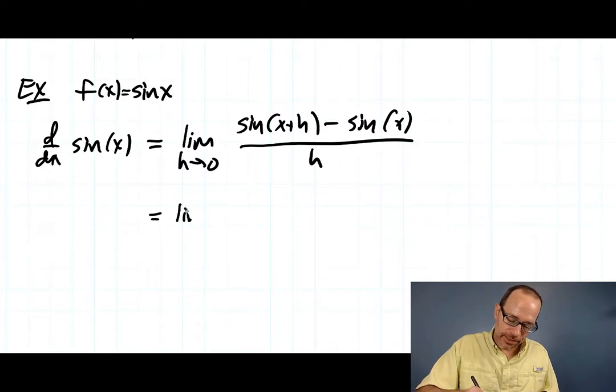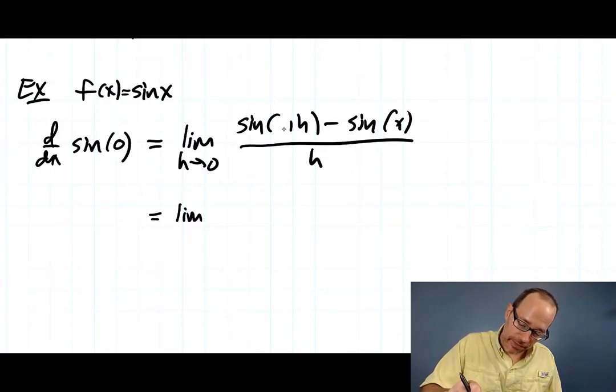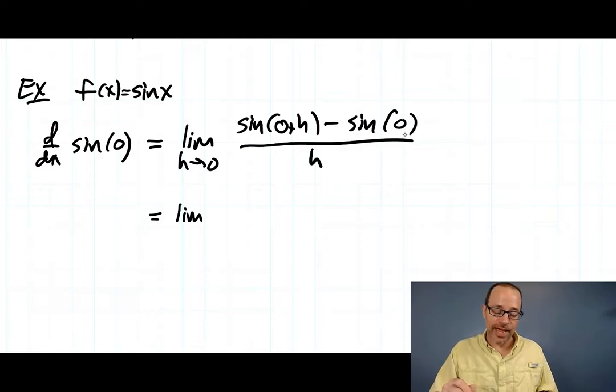Well, oh, I see. We do want to do this derivative later on, but right now we can't. We don't have the technology developed for it, so we're just doing the derivative at 0.